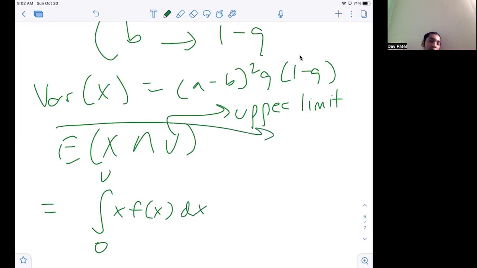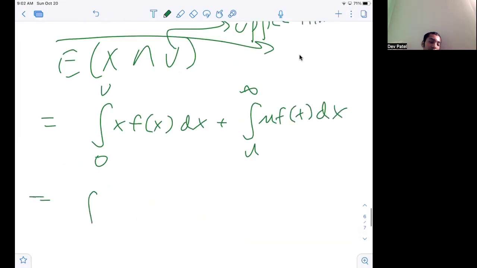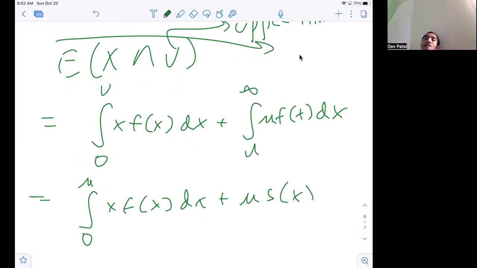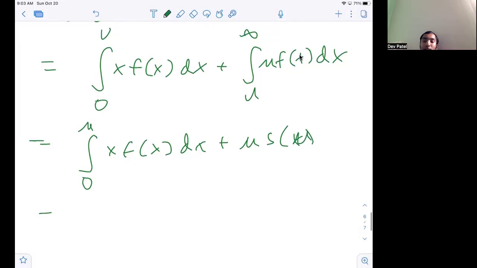So this is the expected value that the insurer is going to pay, plus anything from u, the policy limit, to infinity, which is just u times S of u. And so there's typically a formula that you can look at in the exam tables for this. This is also equal to the integral from 0 to u of S of x dx.